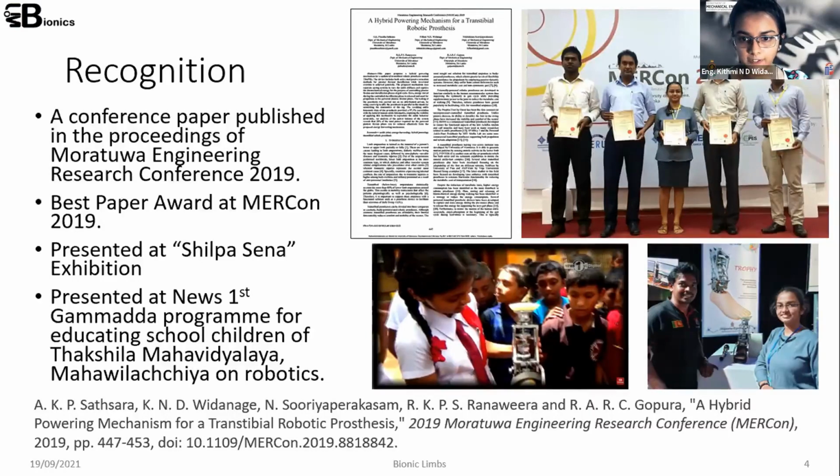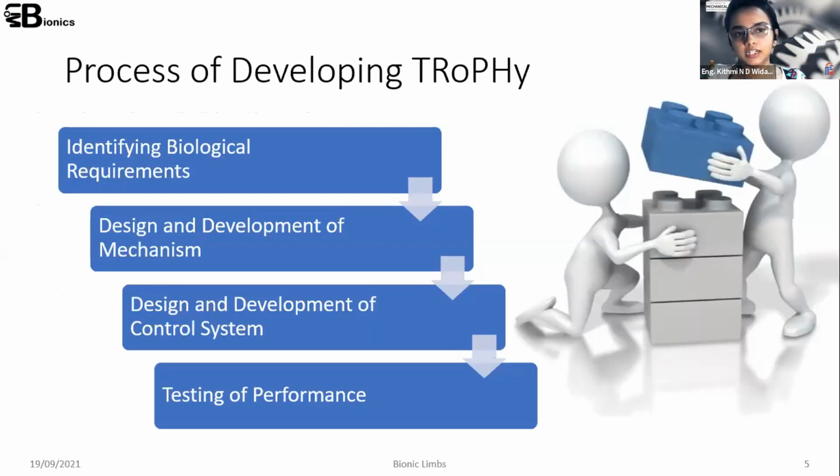So moving on, when you think about our design, this is a large project. We were engaged in this project throughout the year, but we can basically divide what we did into 4 basic steps.